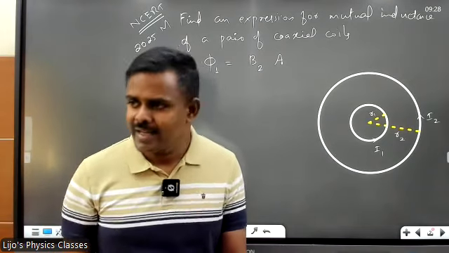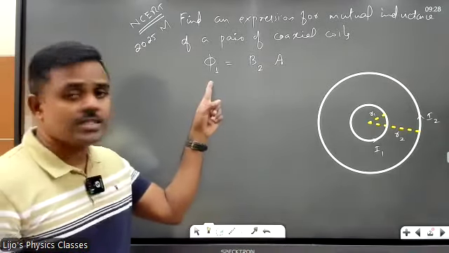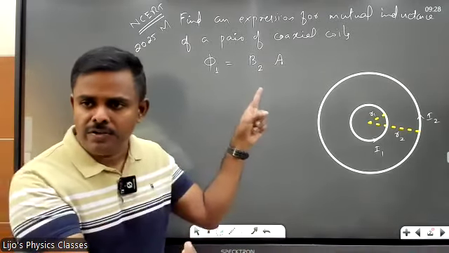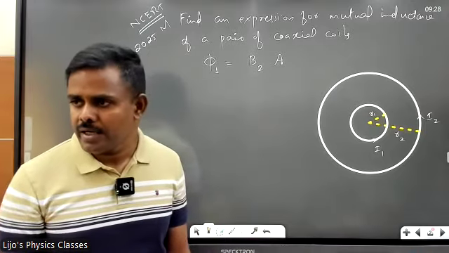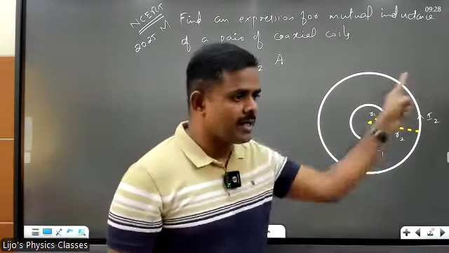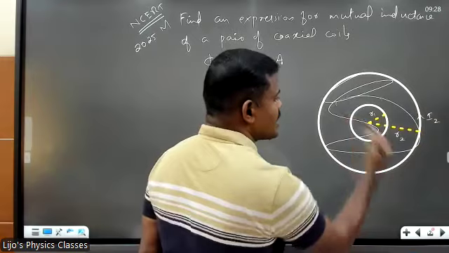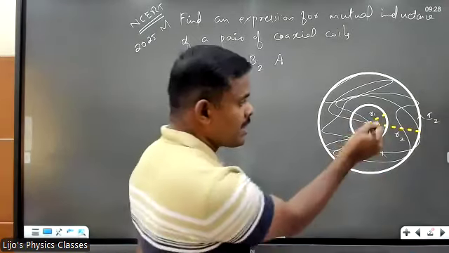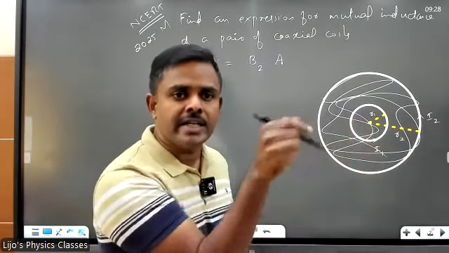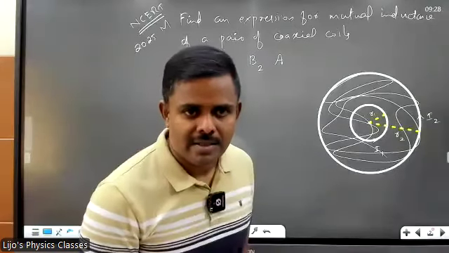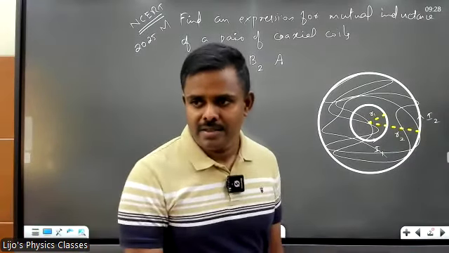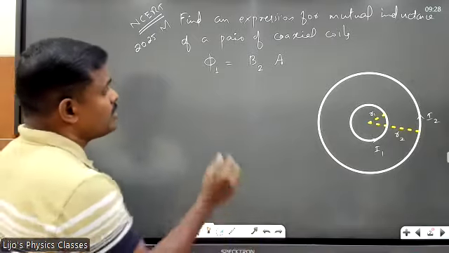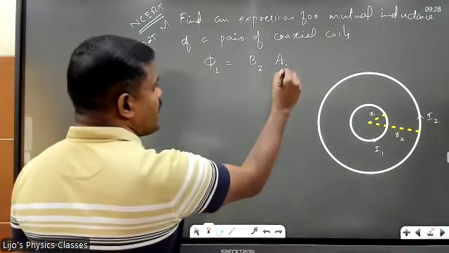So when you take the flux of first coil, take the magnetic field of second coil. The bigger coil is creating a magnetic field, and the inner coil is situated inside that magnetic field. Phi 1 is equal to B2 into A1.